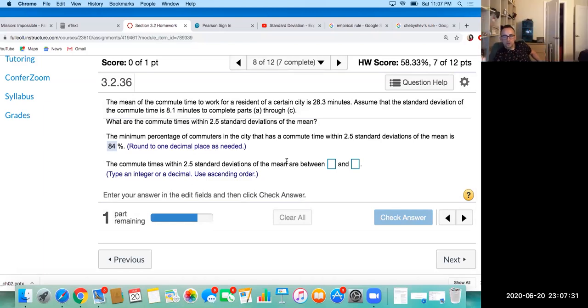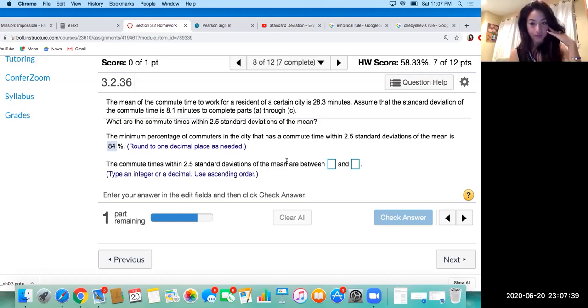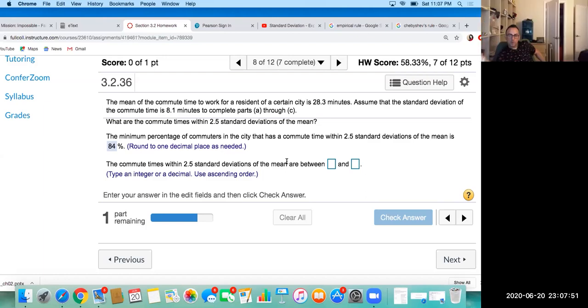So then now 2.5, you have to multiply. Do you know how to do this one or no? Deviation of the mean are between blank and blank. The commute times within 2.5 standard deviations. For this one, it's asking for the commute times.